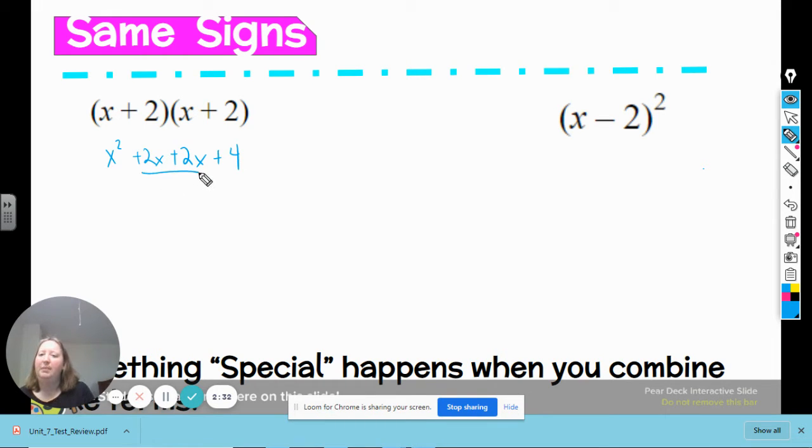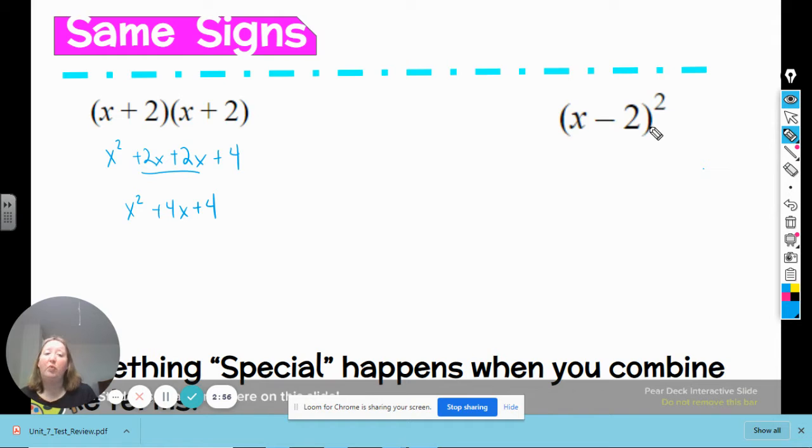Then we can combine our like terms: x squared plus 4x plus 4. I kind of wish I would have not used the number 2, as it looks as though you're just squaring the 2, but that's not what's happening. You'll see another example in a minute.